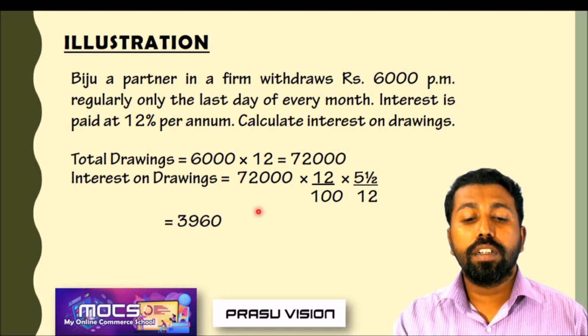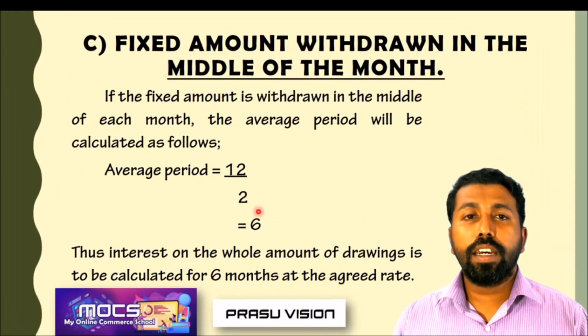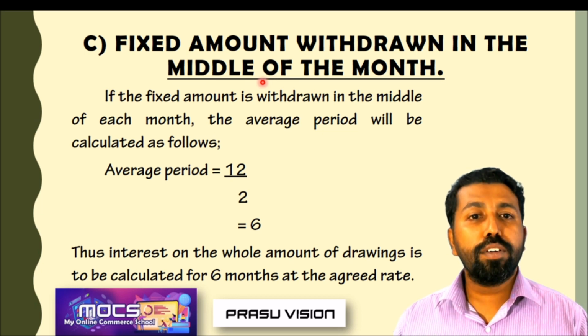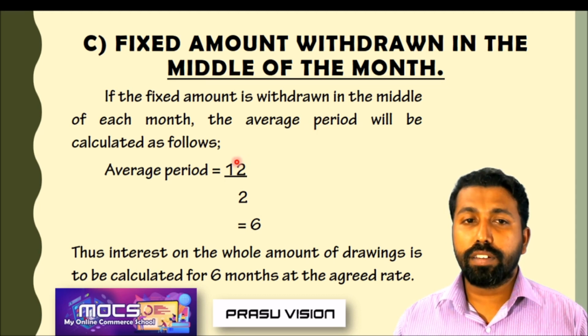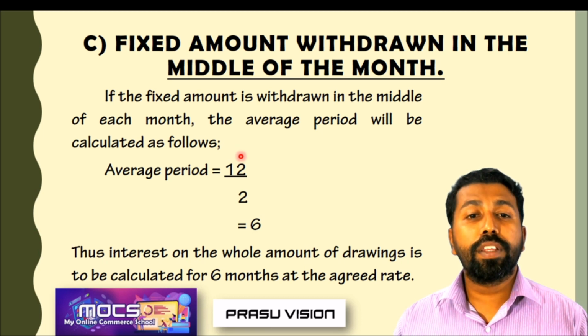We are moving to the third case. Here, the amount is withdrawn in the middle of the month, maybe on January 15th or December 15th. The time left after the first drawing, after January 15th, is 11.5 months. Half a month is 1 by 2, so 0.5.